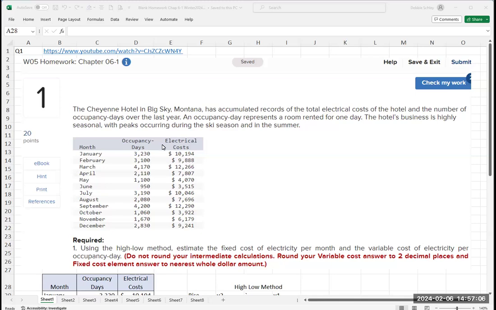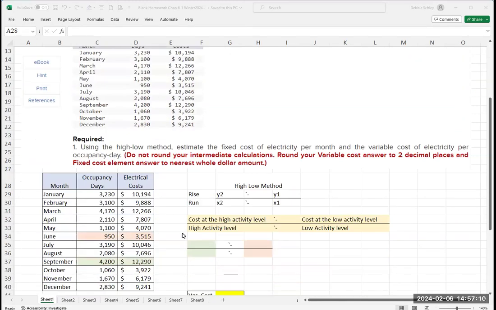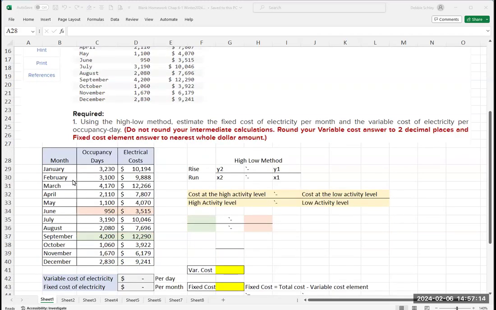Okay, so I took my data here from the book and put it into my Excel document so I can access it. The next thing I did was evaluate where my high and my low are. The definition of the high-low method is the rise over the run, or the high cost subtracted from the low cost. So let's get that one first.